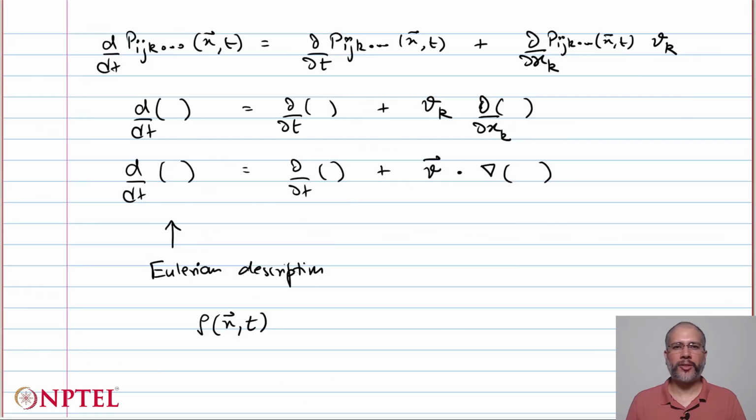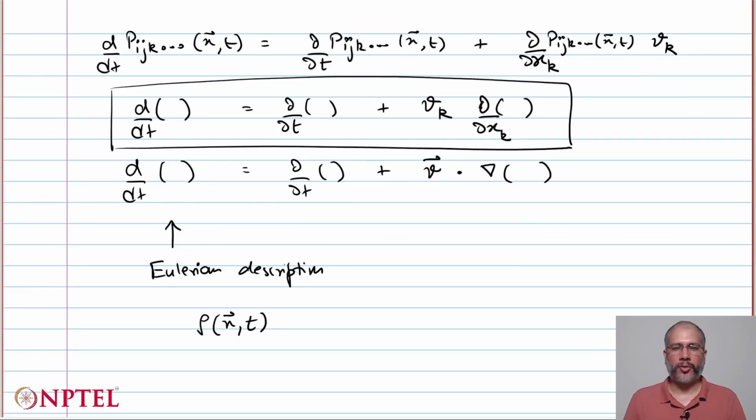So we'll do that rigorously later. Now that we have an expression for the material derivative, let us prove it to get a better appreciation for this quantity. We will not solve any problem today. We'll be solving problems on this topic in the tutorial to come.